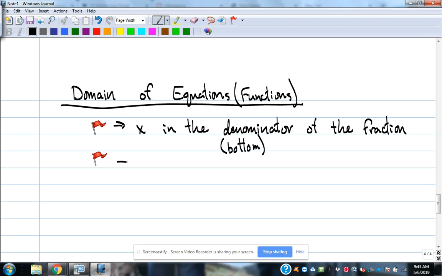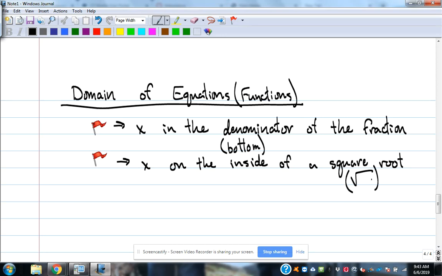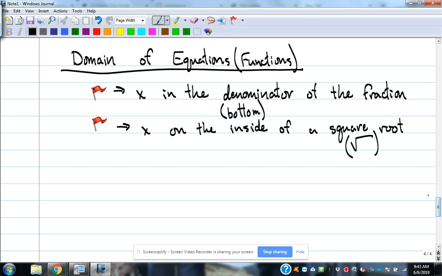The second red flag is there's an x on the inside of a square root. Remember that square root symbol looks like that. So x on the inside of a square root. Those are the only two red flags that could show up.